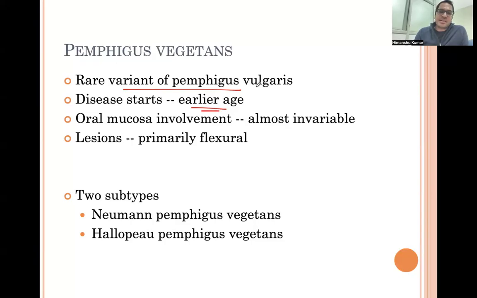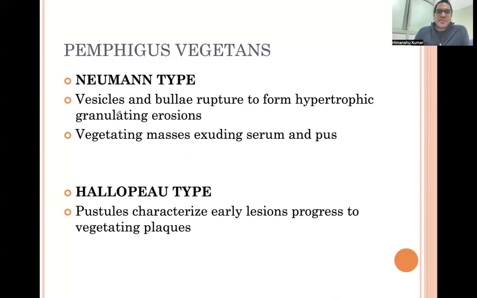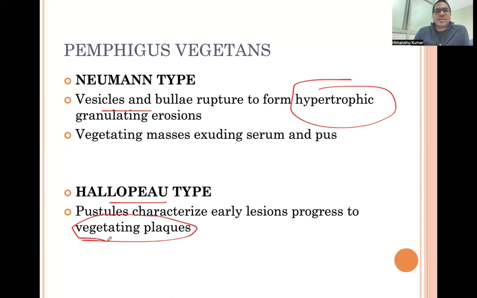Pemphigus vulgaris, we saw, starts in middle age. Vegetans starts in early age. Oral mucosa is almost always involved. Lesions on the flexures. There are two subtypes, Neumann and Hallopeau. Neumann, where vesicles and bulla rupture to form hypertrophic lesions. Then Hallopeau progresses to form vegetative plaques.